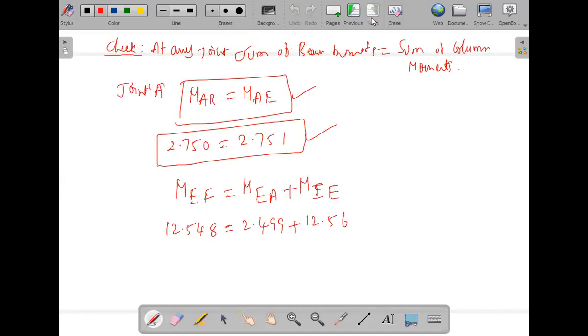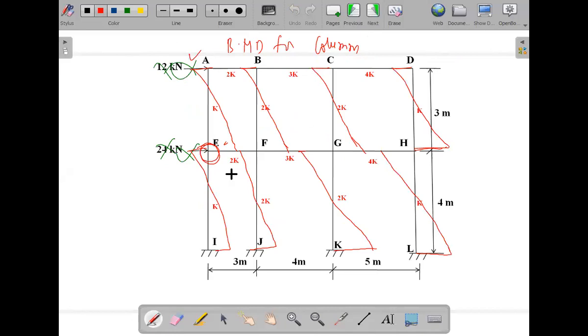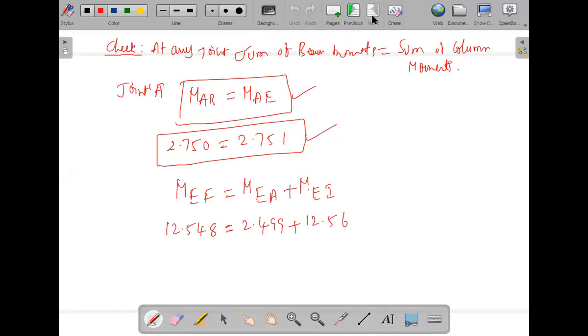This is EI, not IE. See here in the figure, EI. So what is the EI value? 10.05. Now please sum these values.